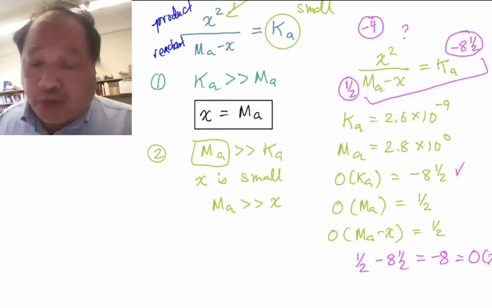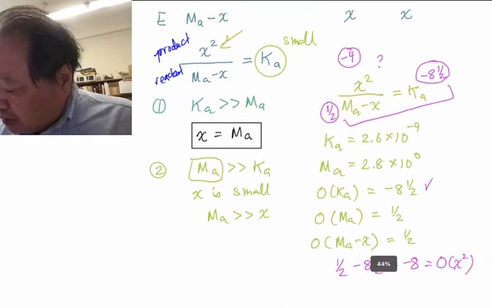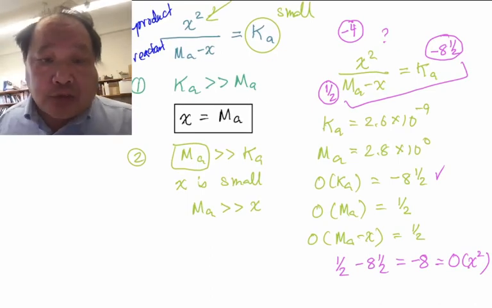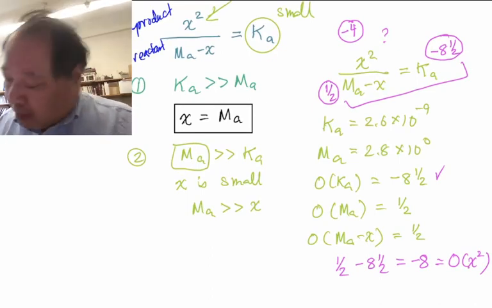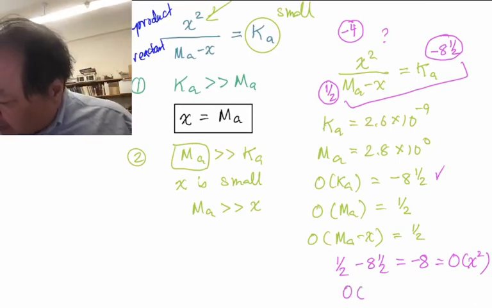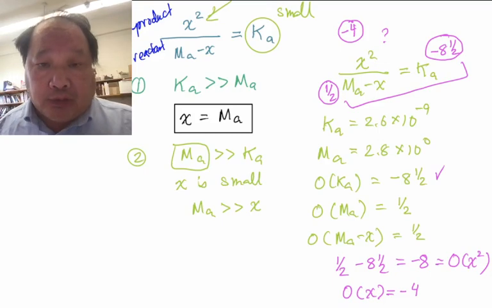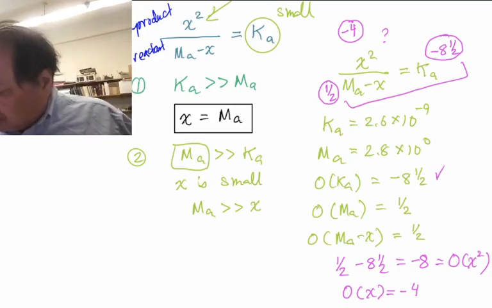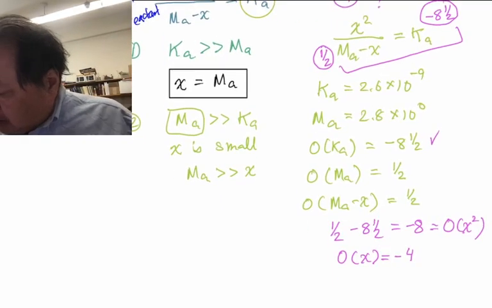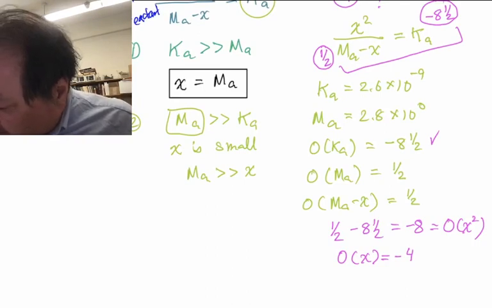If the order of magnitude of X squared is minus 8, the order of magnitude of the square is always double, so the order of magnitude of X is equal to minus 4. And that confirms our suspicion. The order of magnitude of X is minus 4.